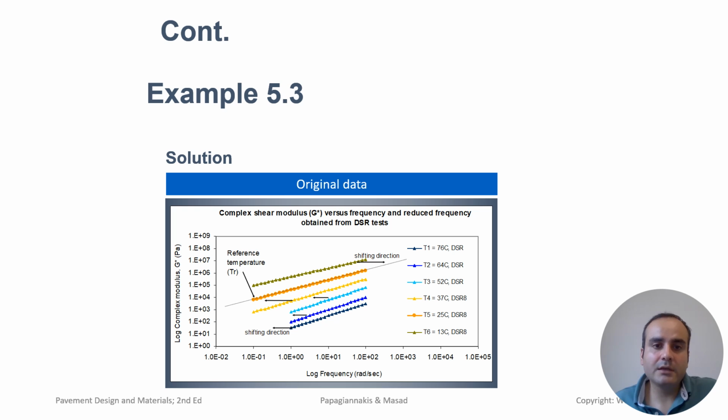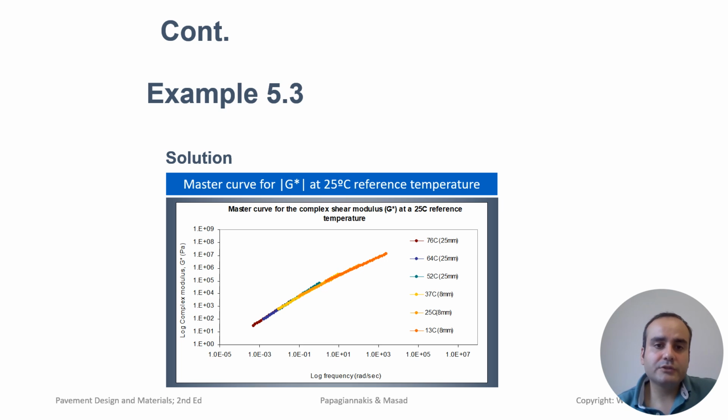This plot shows the complex shear modulus versus frequency and reduced frequency obtained from DSR tests, the values of which were given in the previous slide. This plot shows the master curve for the complex shear modulus at a reference temperature.